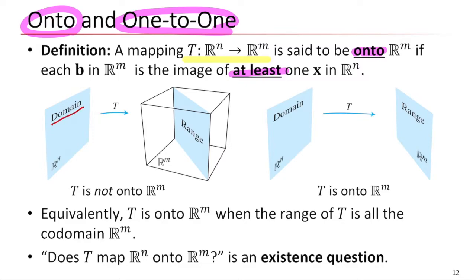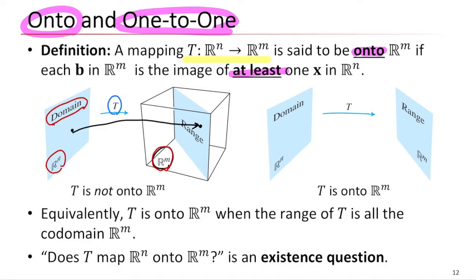From the domain, the input space, in this case Rn, by using the transformation we can transform an arbitrary vector x in Rn to some vector in the output space or codomain space, in this case Rm.